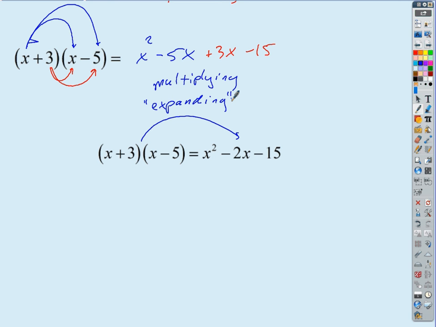So we're expanding it out and making it bigger, having more terms. Okay? So whatever you want to call it, the important thing for today is that the reverse process is called factoring, and that's what we want to focus on. It's easier to multiply. The rules are simpler to follow than it is to factor. Right? So we want to practice factoring today.